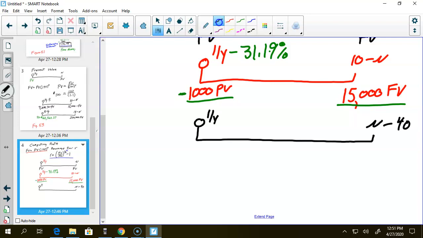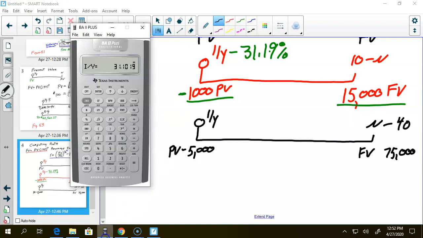Okay, and we're going to look for interest rate. Present value, let's say we put in $5,000 and we want that negative, and our future value, let's say that was, oh, I don't know, could we do that? Say $75,000.